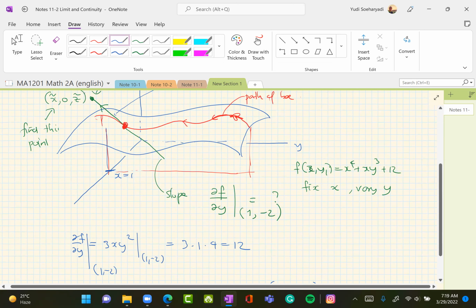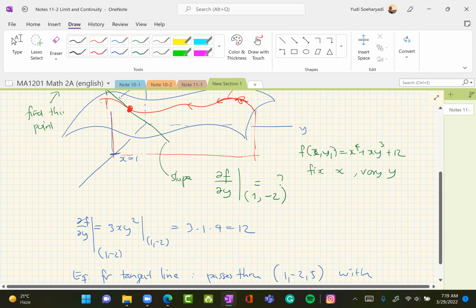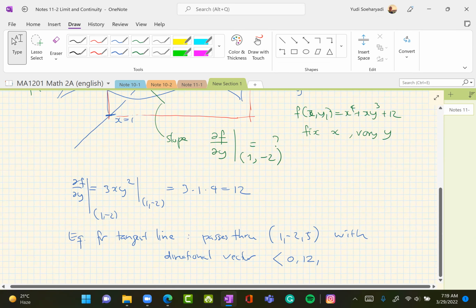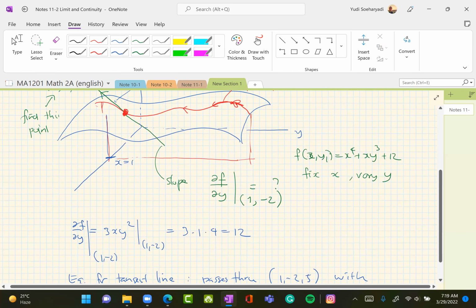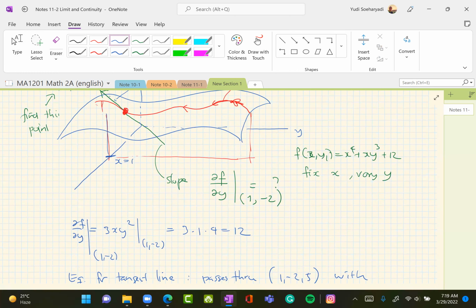It's going in that direction, it's going to the left.